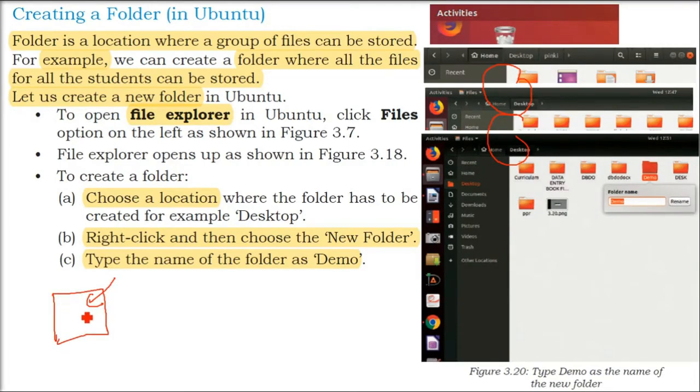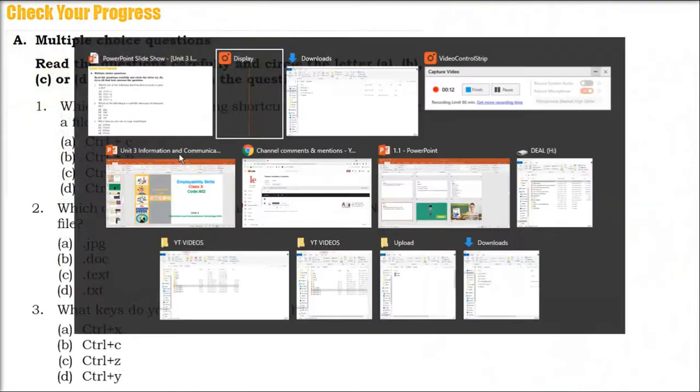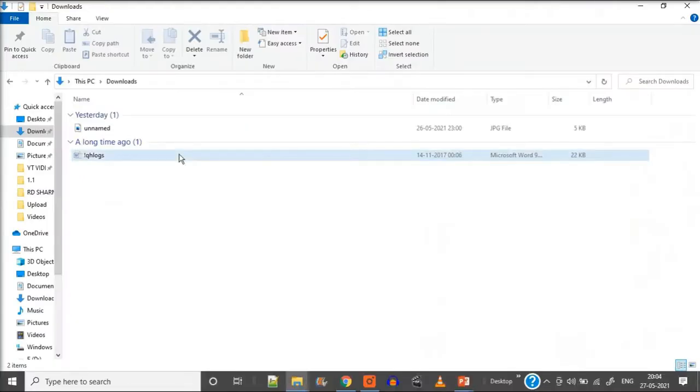Then you arrange these folders, and with the name you will be able to access them: this is my video folder, this is my document folder, this is my MTech or BTech folder. In Ubuntu, Linux or Windows, the method is absolutely the same, or with a little bit of change.